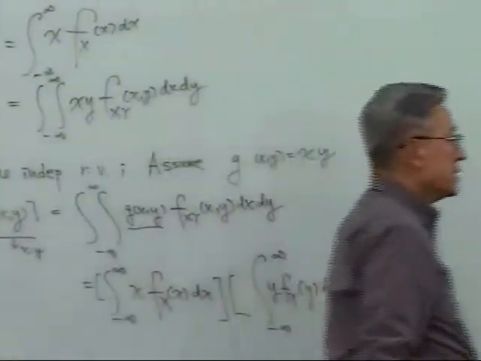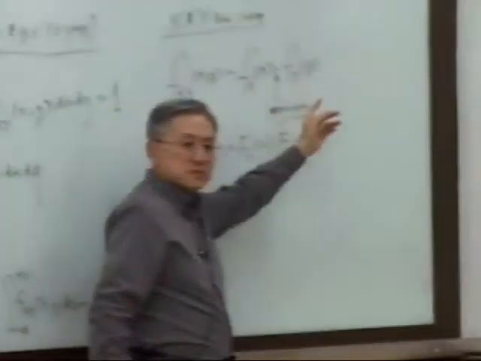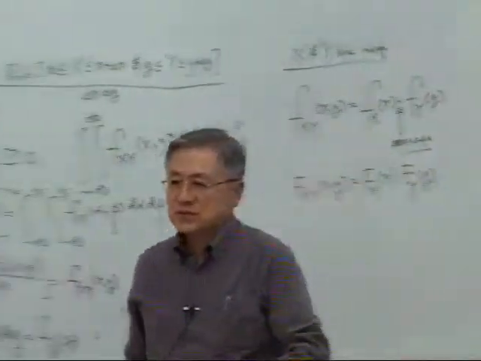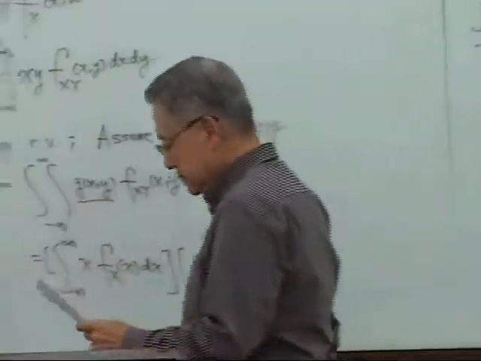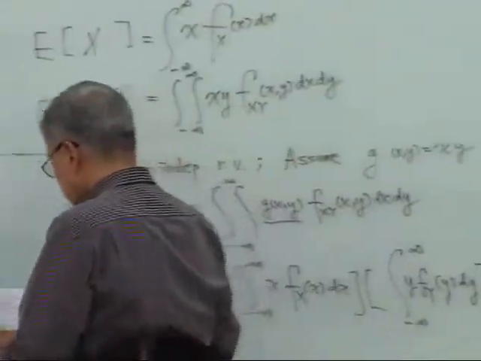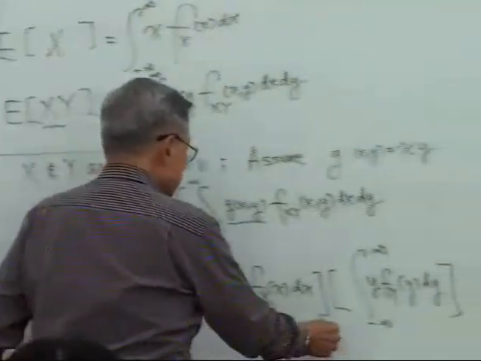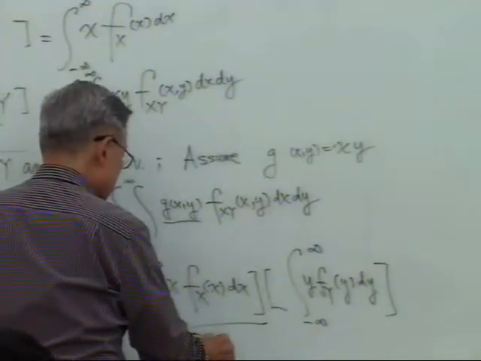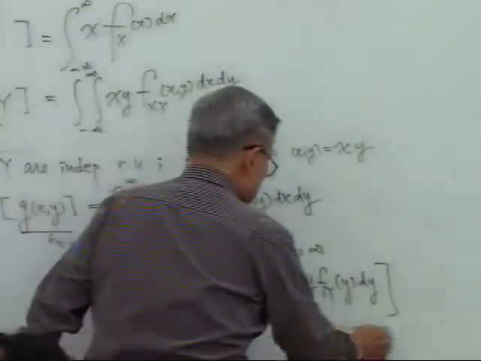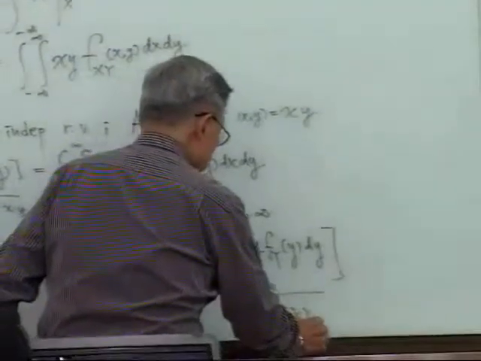If x and y are independent, you can split the terms x and y completely. This is E[X], and this is E[Y].